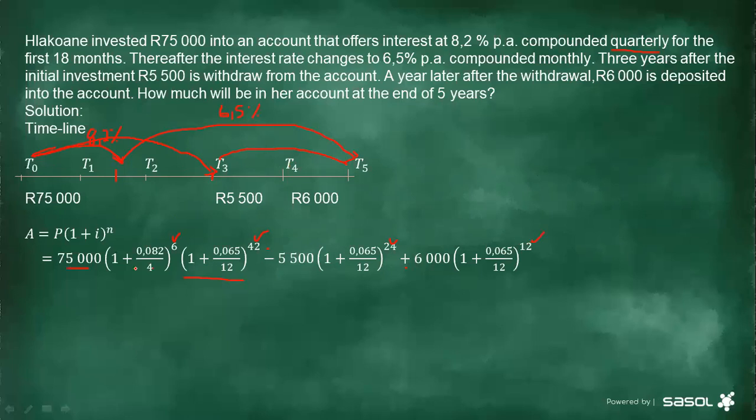Thereafter, you just put everything on your calculator, and you get 106,426.14. So this is the amount of money Hlakwani will get after 5 years. All right.